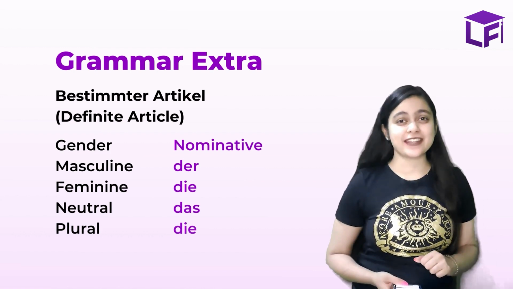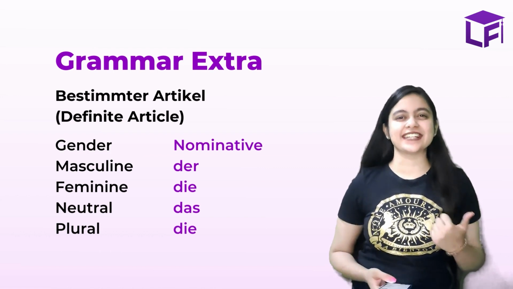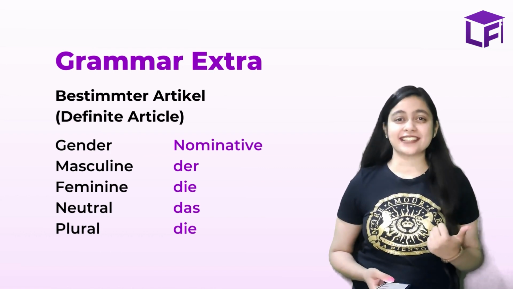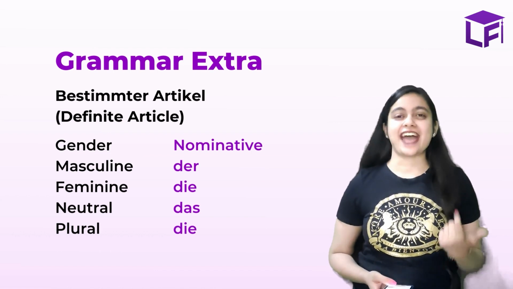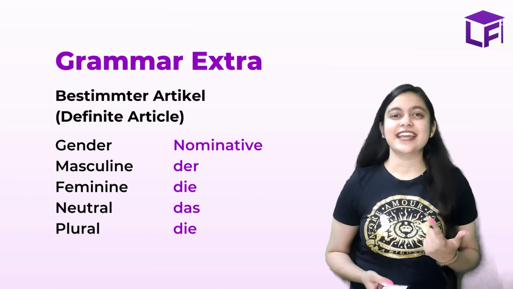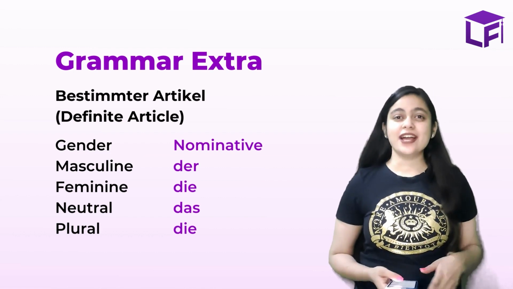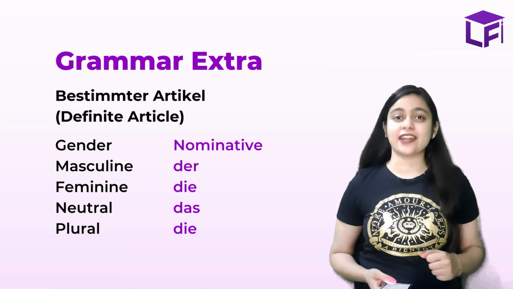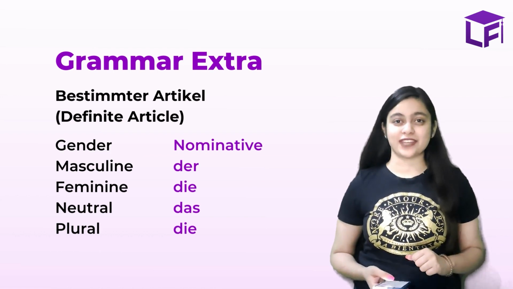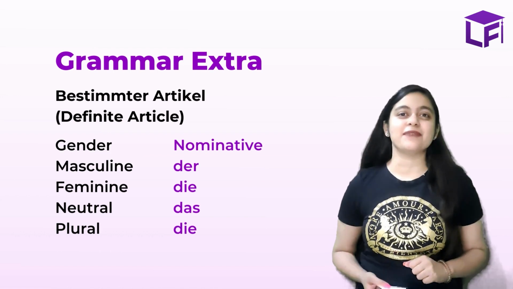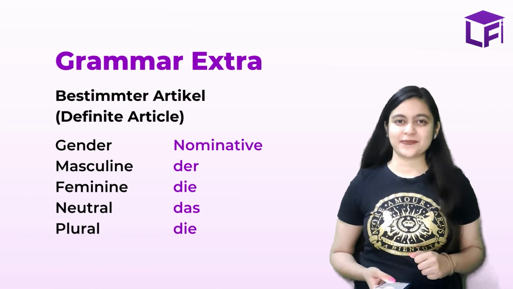The bestimmte Artikel is nothing other than the definite article that we have in the English language, and the unbestimmte Artikel is our indefinite article. Now, let's understand how the different genders are treated in the nominative case based on the bestimmte article, or the definite article.